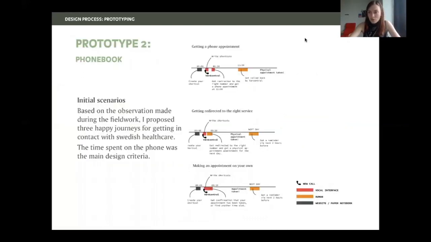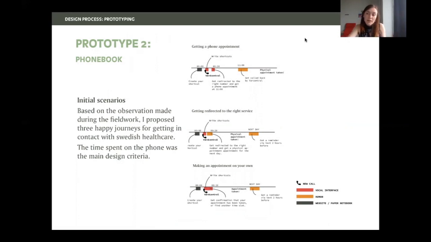So this is the second prototype. This is what I call the phone book. For this one, I based myself first on the observations that I made from my current experiments, and I proposed three happy paths, happy journeys, for getting in contact with Swedish healthcare. So the idea was to save time there.